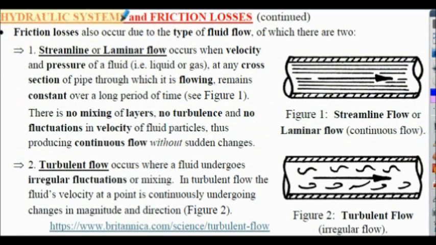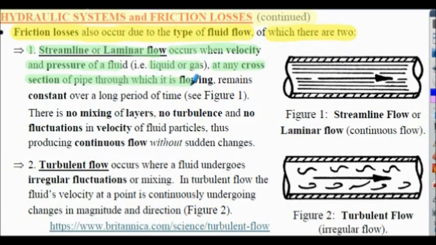Hydraulic systems and friction losses continued. Friction losses also occur due to the type of fluid flow, of which there are two types. The first type is streamline or laminar flow. This occurs when the velocity and pressure in a fluid, being a liquid or gas, at any cross-section of the pipe through which it is flowing, remains constant over a long period of time, as indicated in Figure 1, shown here.